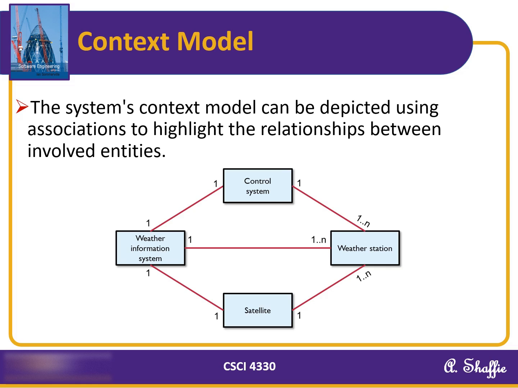The cardinality annotations are also significant in this diagram. So here there is one control system, one satellite system, and one weather information system. But there are multiple weather stations connected to these entities.